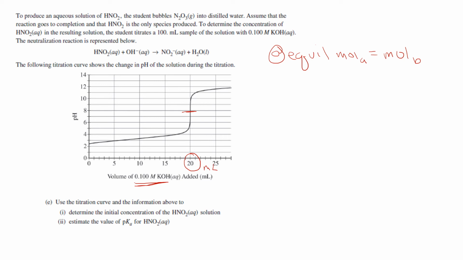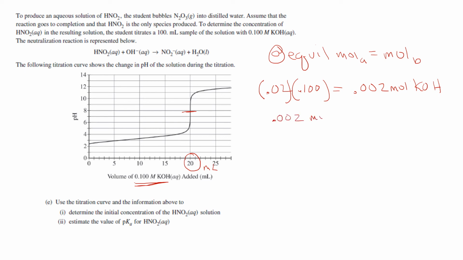This is milliliters, so we're actually going to multiply our volume in liters, so 0.02 times 0.100, and that gives me 0.002 moles of my base at the equivalence point. Since that is also the moles of my acid, and I want to figure out the concentration, I'm going to take the moles of my acid.